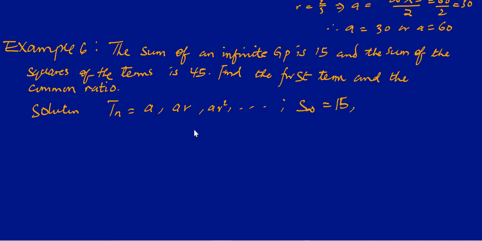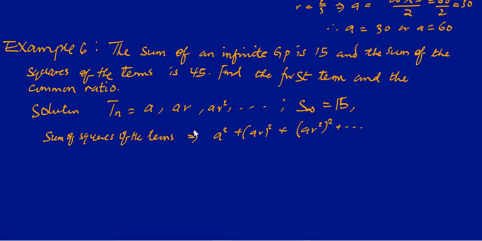And the sum of squares of the terms simply means that A squared plus (AR) squared plus (AR squared) squared, and so on, is equal to 45.